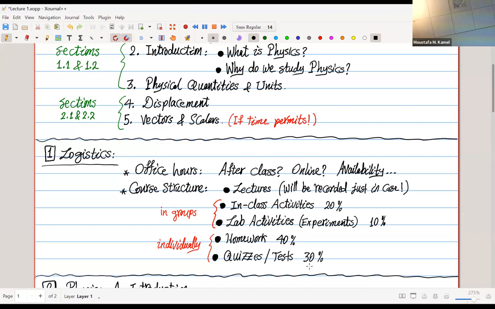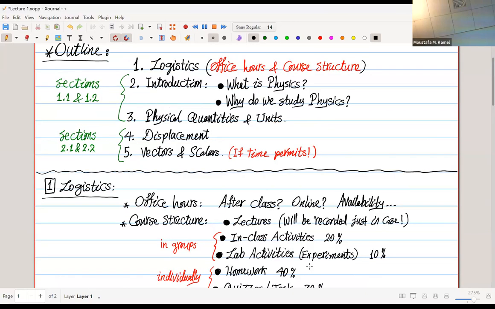But homework and quizzes are submitted individually. You can work on homework in groups, not quizzes. You are actually encouraged to do so, but you must submit your own work at the end. Okay? That summarizes our discussion of logistics.